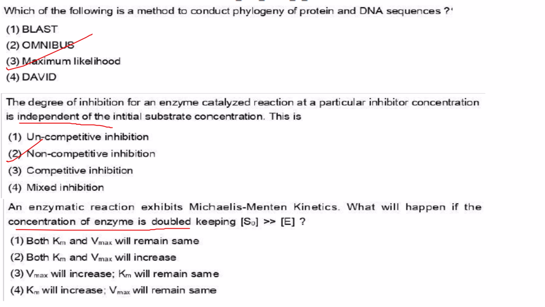But Km will remain the same, because Km measures the binding affinity of the enzyme for the substrate, so it is not affected by enzyme concentration. So Vmax will increase but Km will remain the same. Answer is 3.